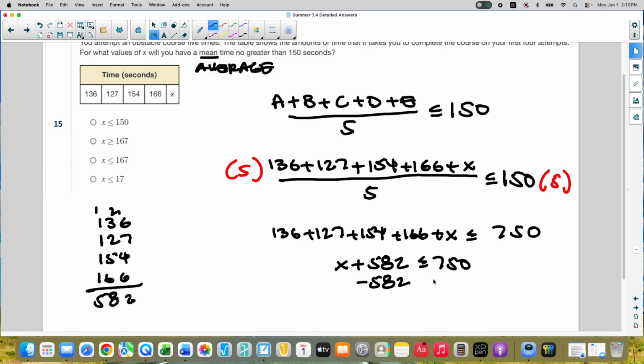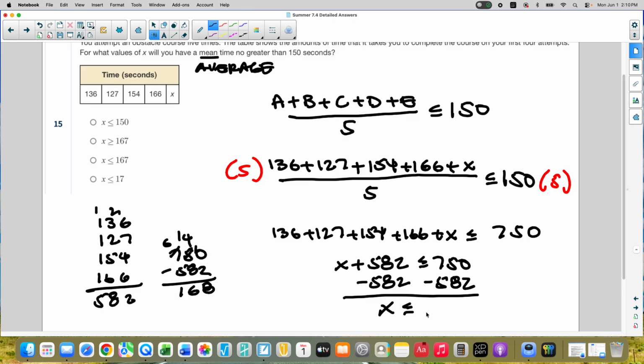Minus the 582, and we get X must be less than or equal to 750 minus 582. Gotta borrow, 8, gotta borrow, 6, 1, so 168. My time must be less than or equal to 168.